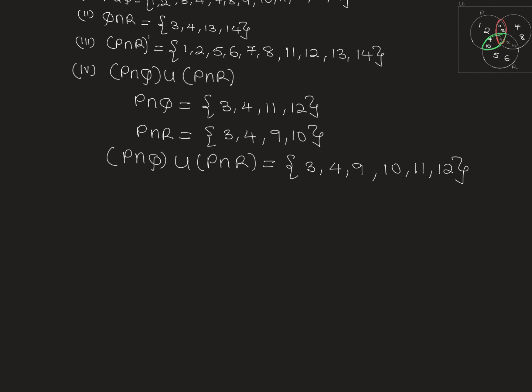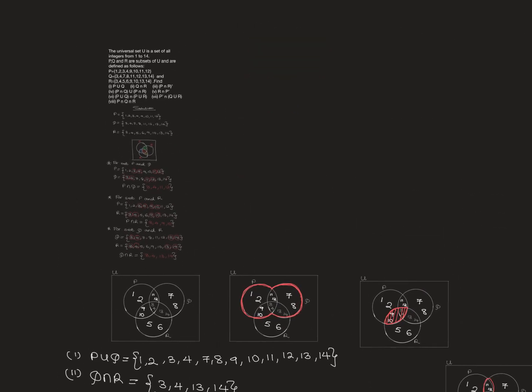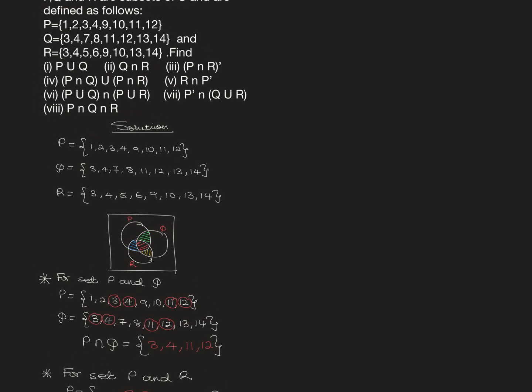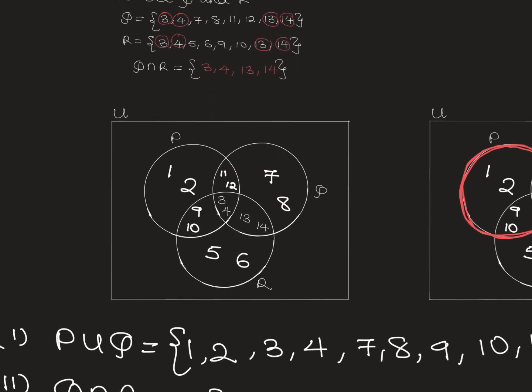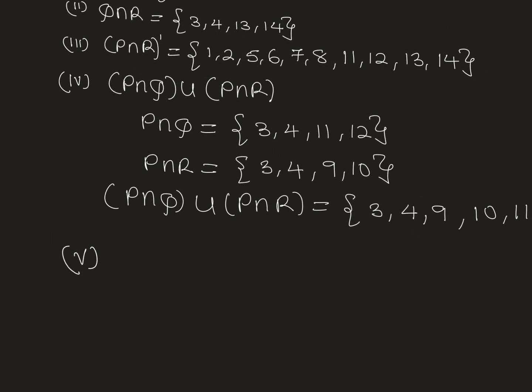Moving on to the fifth question. What is the fifth question? The fifth question is R intersection P complement.